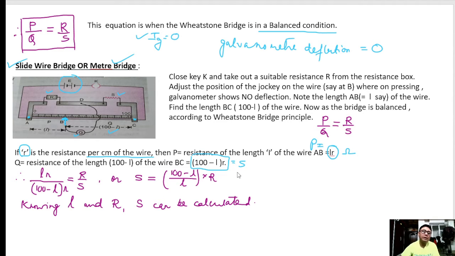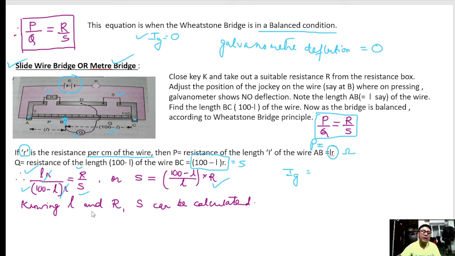So we know that when IG is 0, the relation should be P by Q equal to R by S. So what is P? P is LR. And Q is 100 minus L into R, equal to R by S. So R and R will be cancelled. So S will be this.